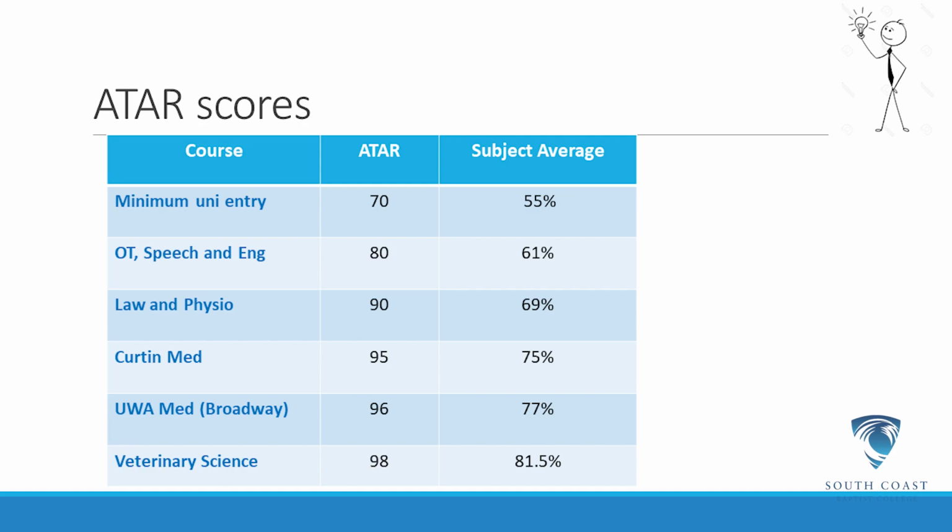So for example, if you take ATAR applications, typically that subject is scaled down about 5%. So if your goal is to get 55% minimum entry and you're using applications as one of your subjects, you would need to get about 60% overall, so that after that 5% scaling, you have the 55 target.